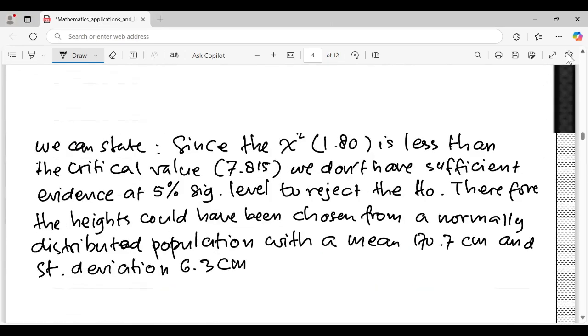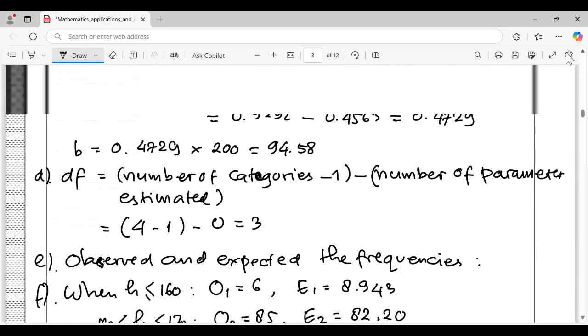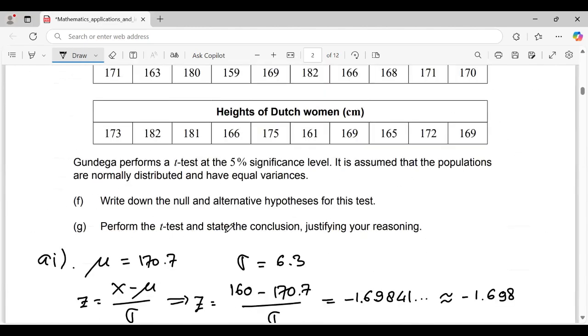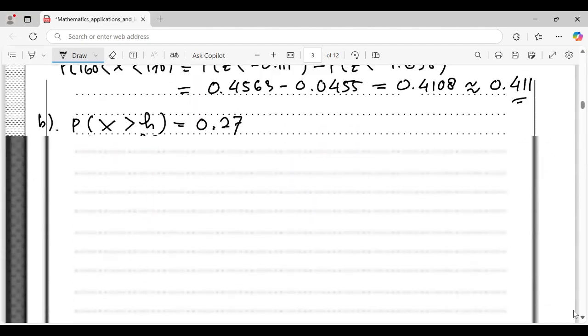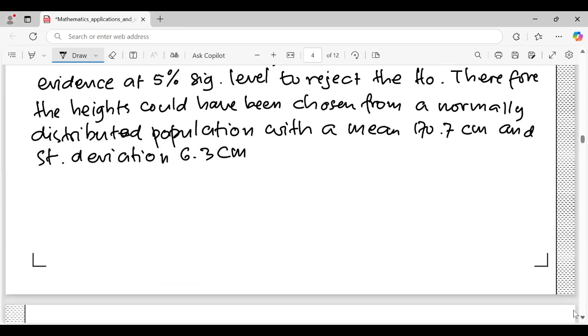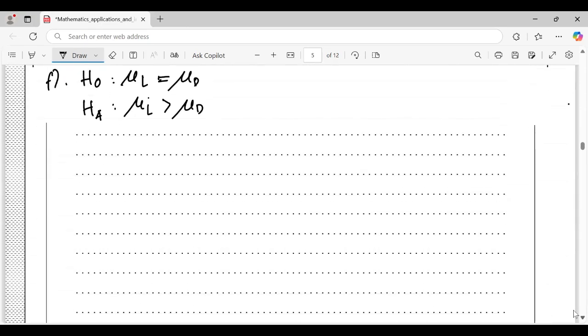Next. G. Perform the t-test and state the conclusion justifying your reasoning. G. I would like to begin by calculating the sample mean.